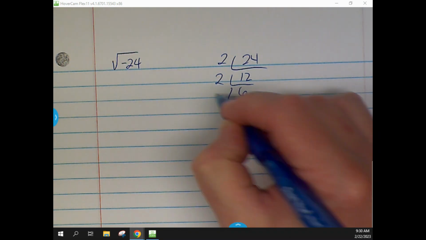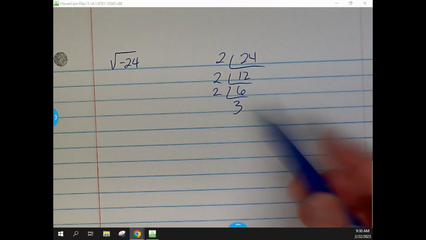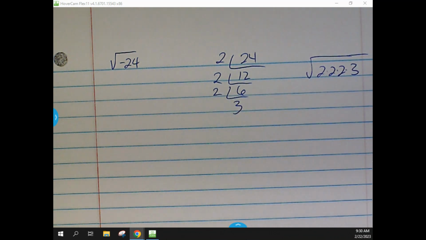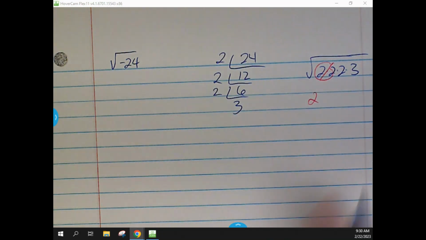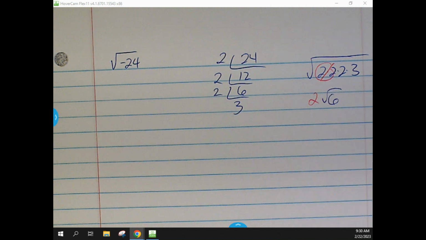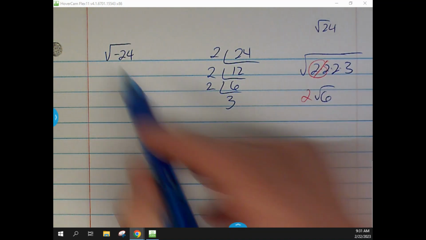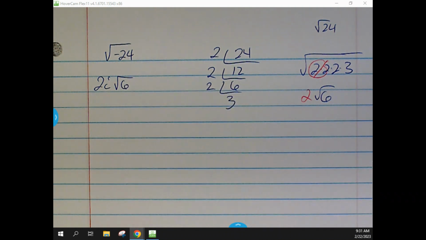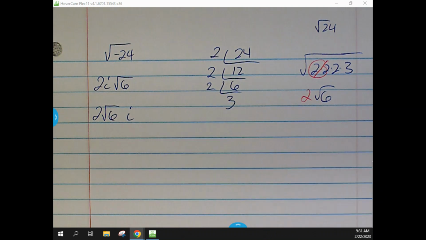That's even, divided by 2, gets you 3. 3 is a prime number, so if you break down 24, 2 times 2 times 2 times 3, you've got one pair of exit buddies, so that 2 gets out. The 2 and the 3 don't, so that would be 2 square root of 6. Now, that's 24. So if it's negative 24, the answer is going to be 2i square root of 6, or 2 square root of 6i.